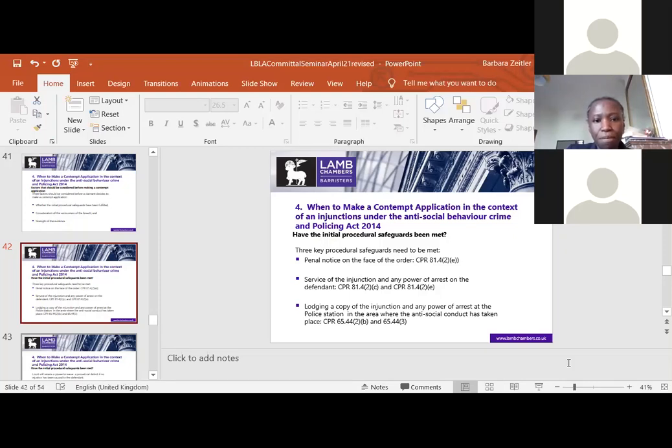And I think Barbara has already touched on this, or will touch on it later on, that when you're making your committal application, it's easy to refer back to that statement just to satisfy the court that personal service has been effected, or where personal service was dispensed with by the court, that order too has been exhibited and referred to when the contempt application is being made.